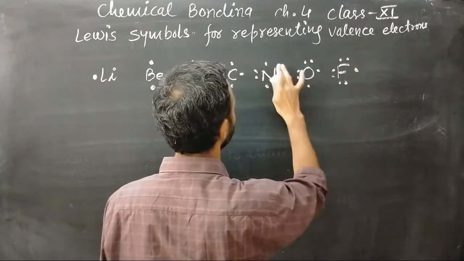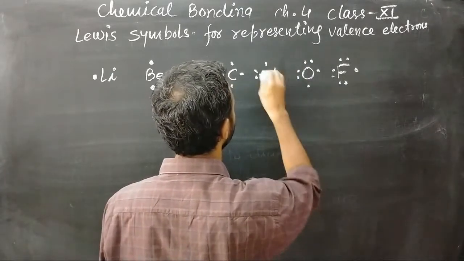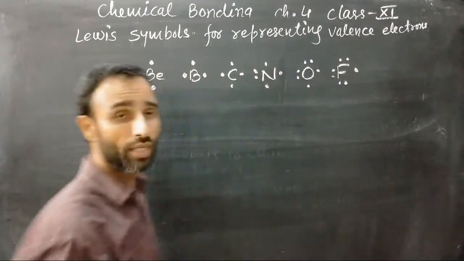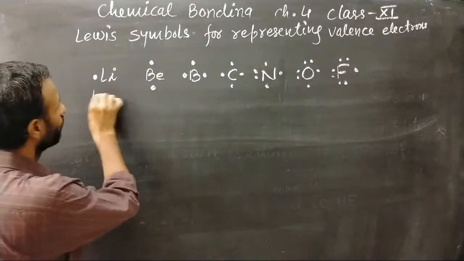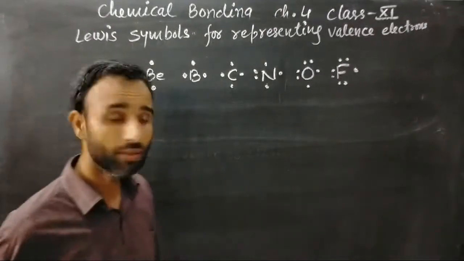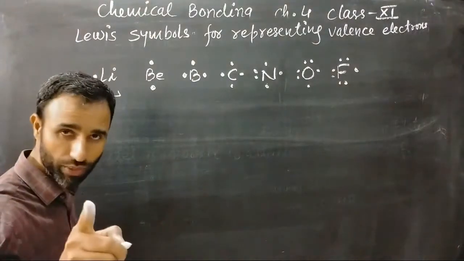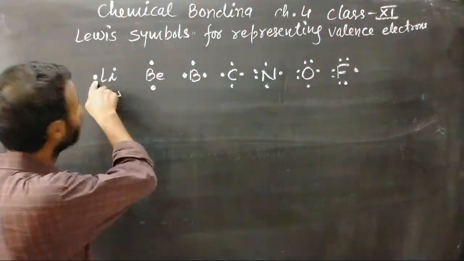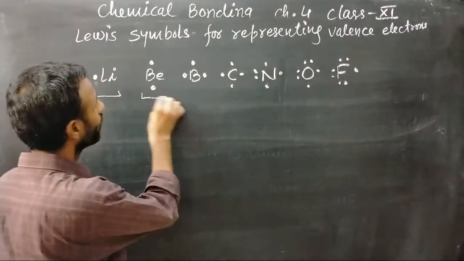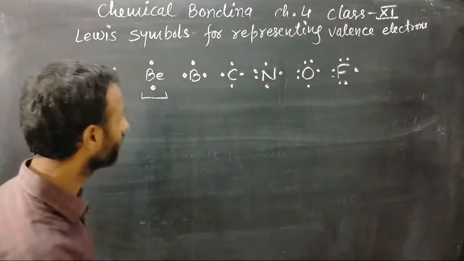Okay. Lithium has one valence electron, so one dot is representing the Lewis symbol. Lithium is the ordinary symbol, and lithium with one dot is the Lewis symbol. With two dots, beryllium, that is the Lewis symbol for beryllium.